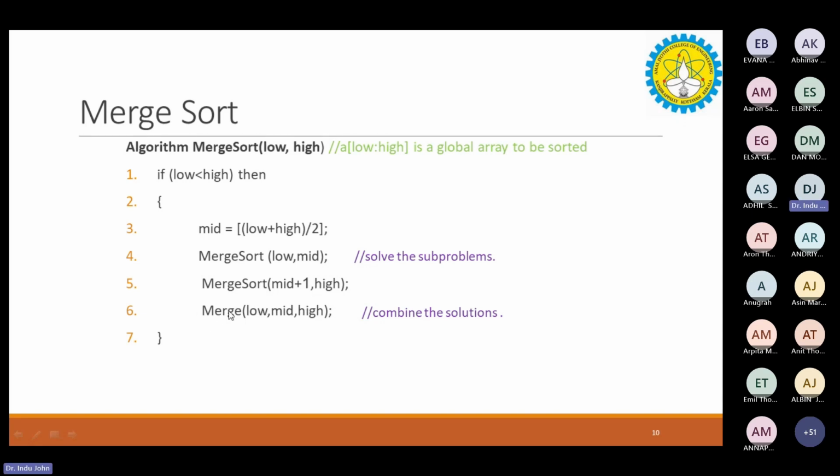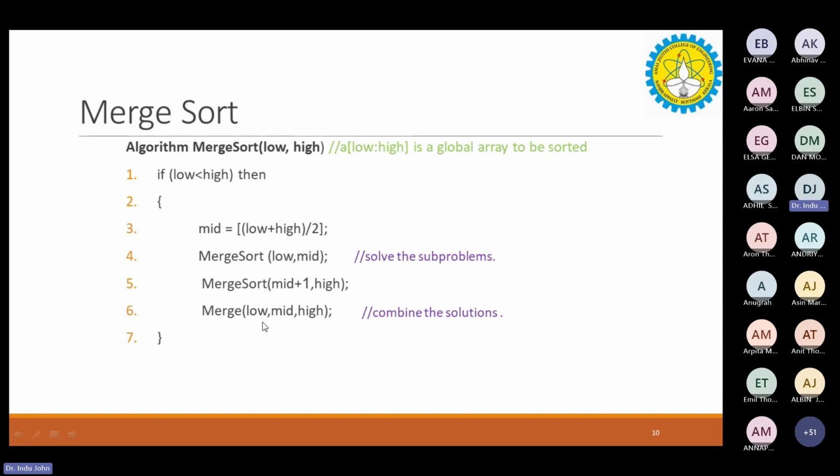Then you have the combining of the solutions that happens in the merge step. Merge requires 3 inputs: the low, the mid, and the high. Once you do the recursive calls, A of low to mid, the left half, becomes sorted.